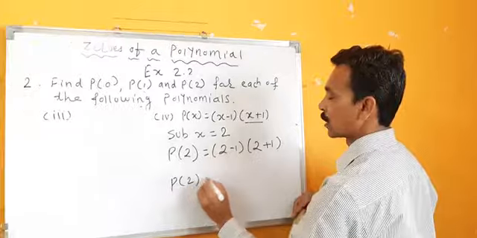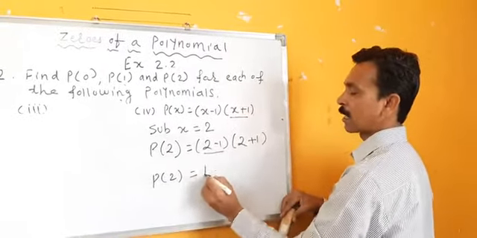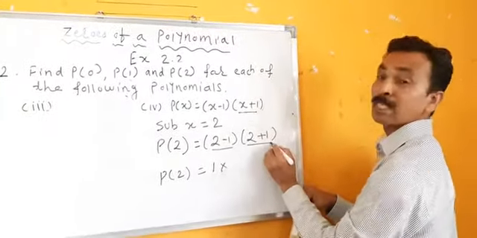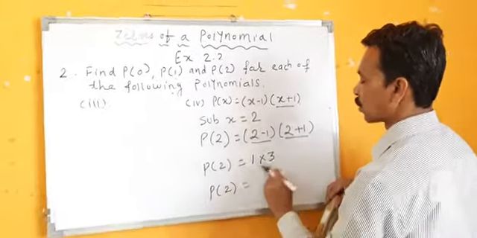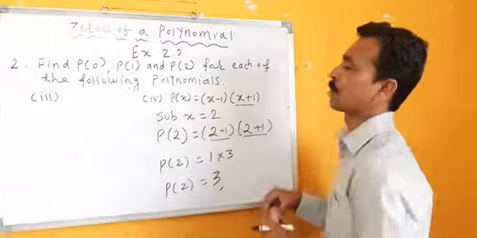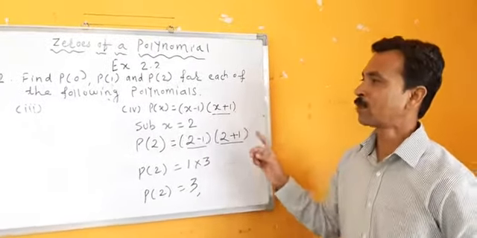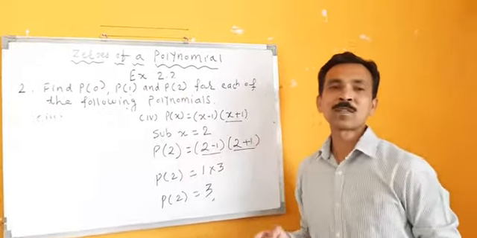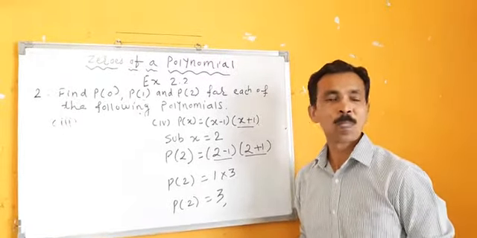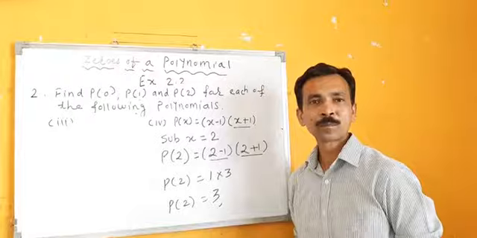What is 2 minus 1? 1, into what is 2 plus 1? 3. So P of 2 is equal to 3 ones are 3. So this is the method to find the values of P of 0, P of 1 and P of 2 for each of the following polynomials. It's okay now?